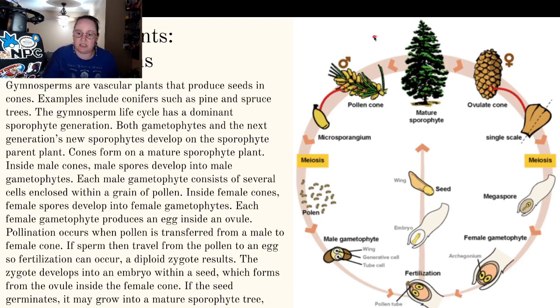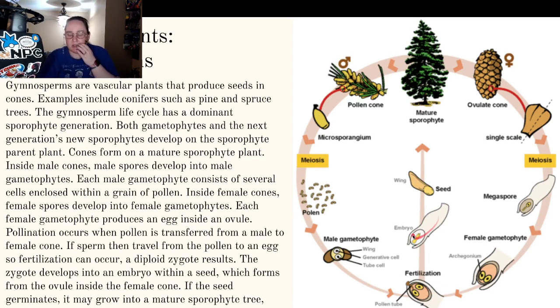So the wind hits it, grabs the pollen, and then hits the next tree over, the pine cone, because all their scales are up now, and it flows in and hopefully fertilizes. So again, pollen is the male gametophyte generation. And again, you have a generative cell and a tube cell. We'll get to that in a minute. And it will go over and hopefully hit through wind and jump in and fertilize in the archegonium.